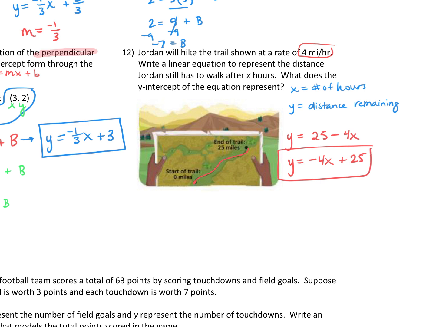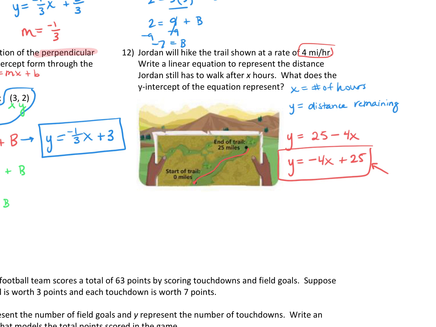What does the y-intercept of the equation represent? So what does that y-intercept of 25 represent? Well, we kind of talked about what that 25 was when we were writing this. When your x is 0, so when you have 0 hours, negative 4 times 0 is 0, the distance remaining y is equal to 25, because if no time has passed, she hasn't done any hiking yet. So she still has 25 miles left to go.